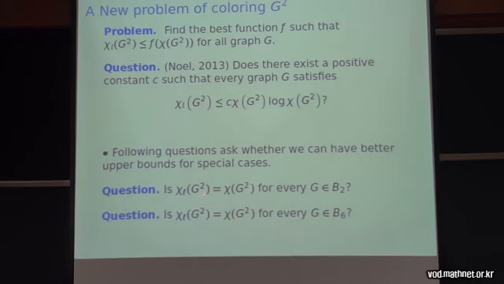I mean, does this imply the list total coloring conjecture? Or is it true for B_6? So far our construction says that to make a counterexample, we need a high degree. But if the degree in the top is very small, just 2 or 3, then maybe it's true. Yeah. Okay, thank you.